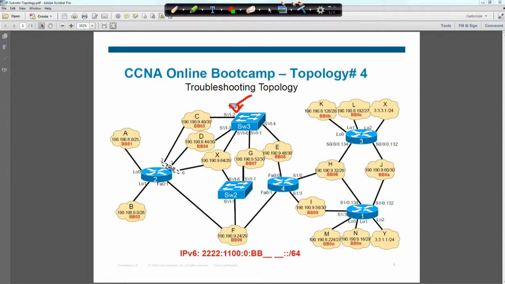Actually, it's just the opposite. You need to go to your neighbor right here, and on his sub-interface, configure the hold time for 45 seconds. You see, the ip hold-time eigrp interface command does not affect your own local hold time.